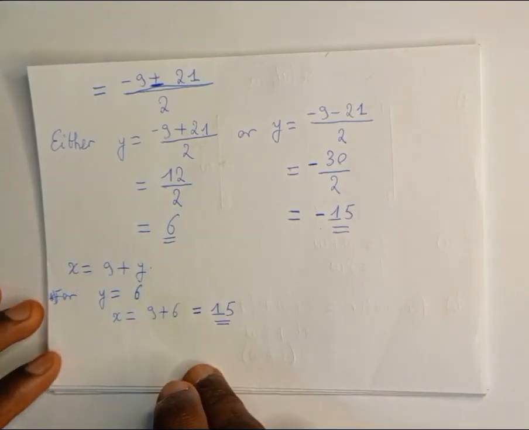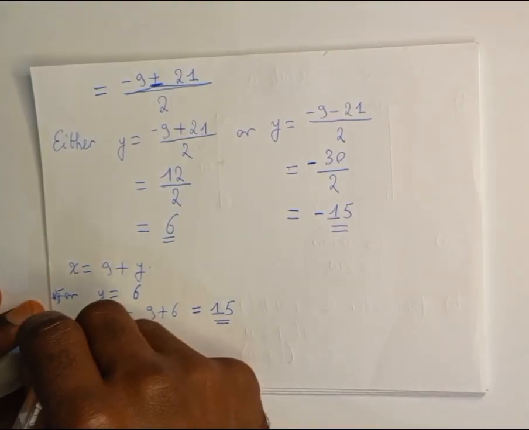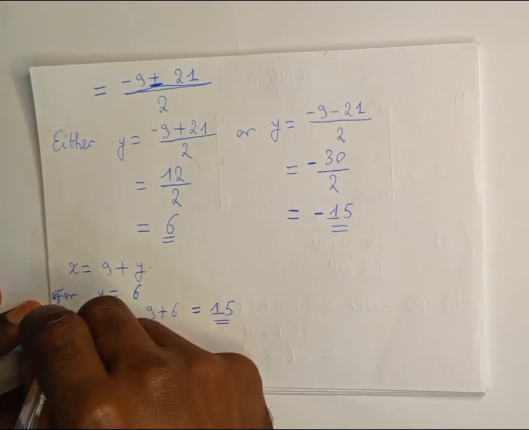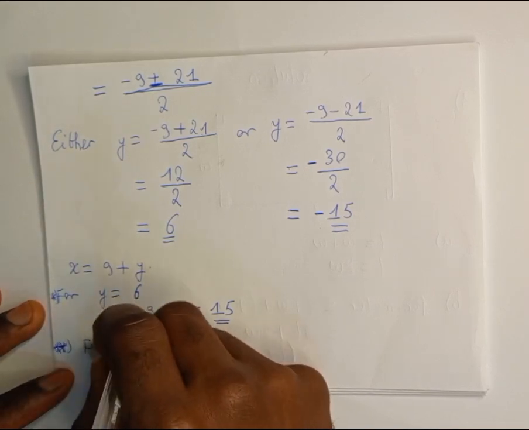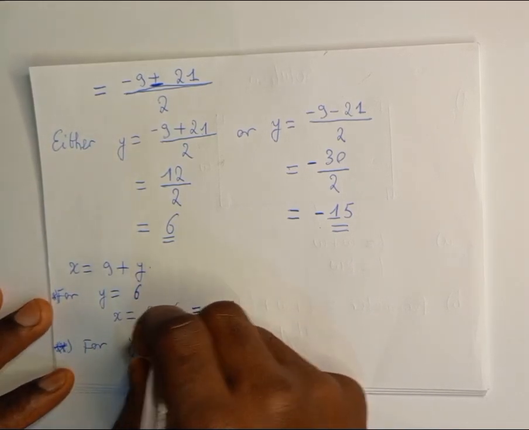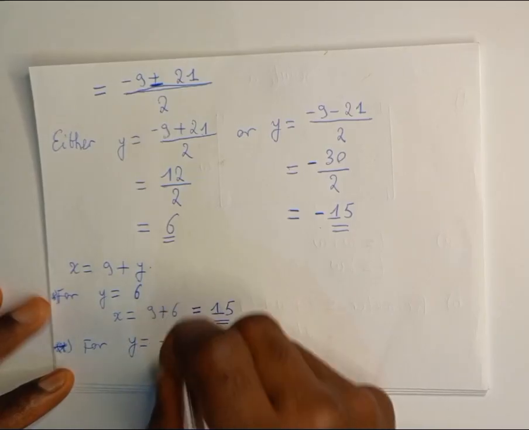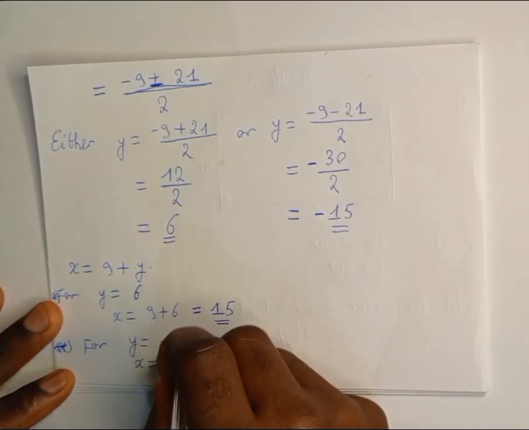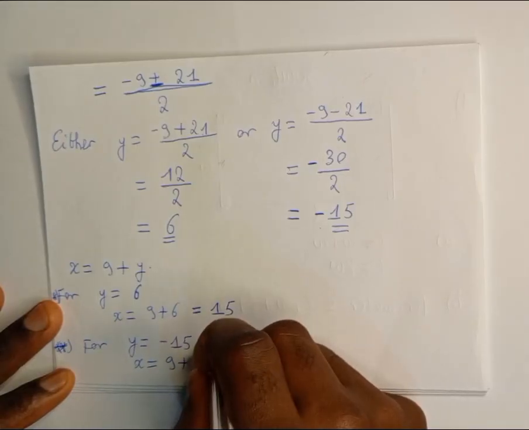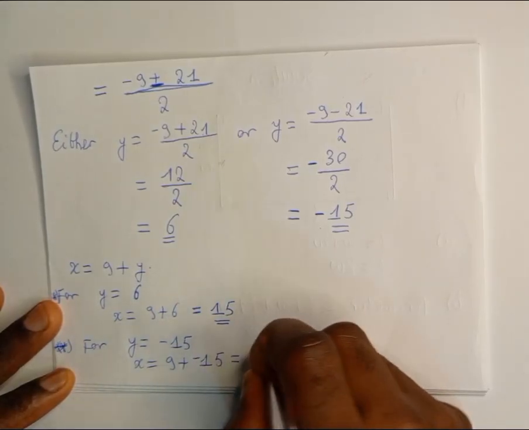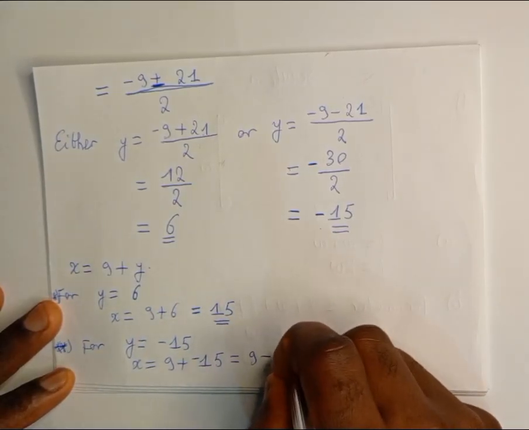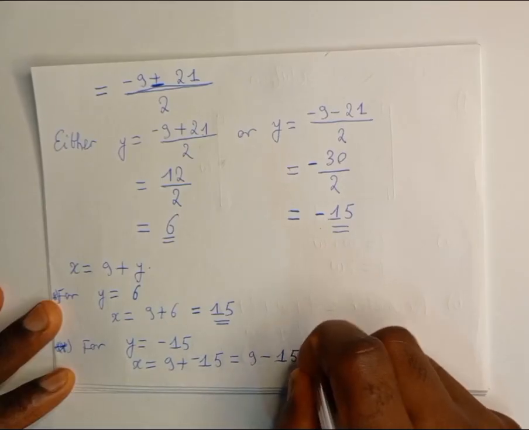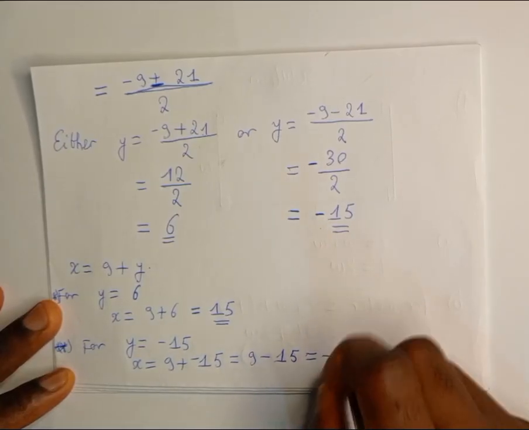So this is the first value of x. We take the next case, case 2, for y equal to negative 15. x will be equal to 9 plus negative 15, which is simply equal to 9 minus 15, which is equal to negative 6.